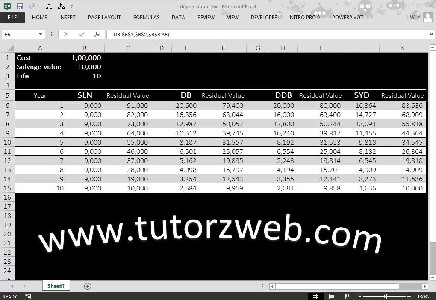The formula for calculating depreciation through declining balance method is 1 minus salvage value divided by the cost, raised to the power of 1 divided by life. The declining balance function has 5 parameters. The cost, salvage value, and life are the same as straight line method.